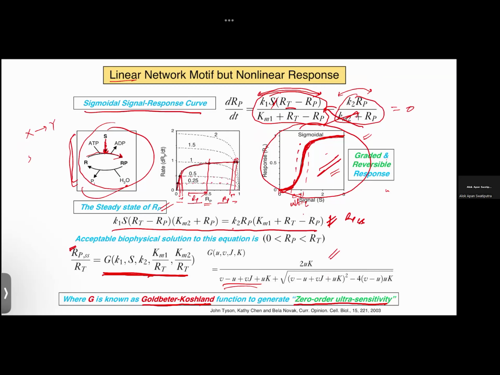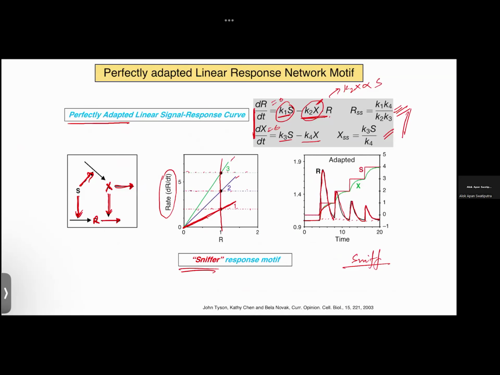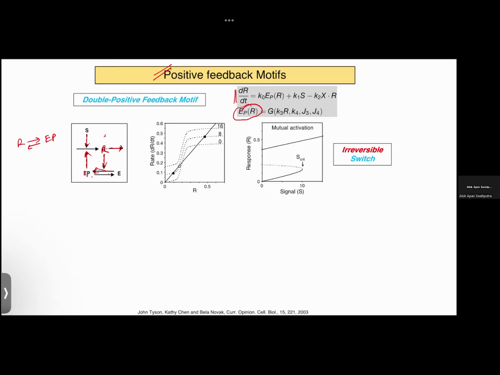So here, instead of a signal, EP is an internal signal to the system. So it's EP in this particular function, the Goldbeter-Koshland function. And then you have a synthesis rate, which is K1S, and you also have a degradation rate, which is K2X. Assume that there is something X which is helping in the degradation. Alright.